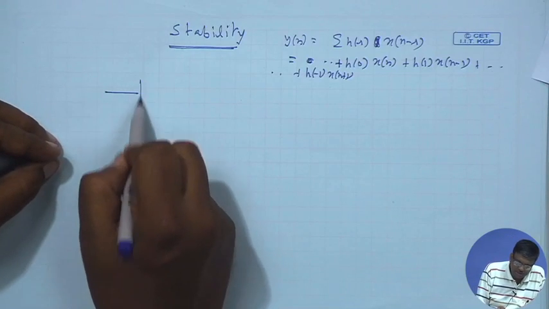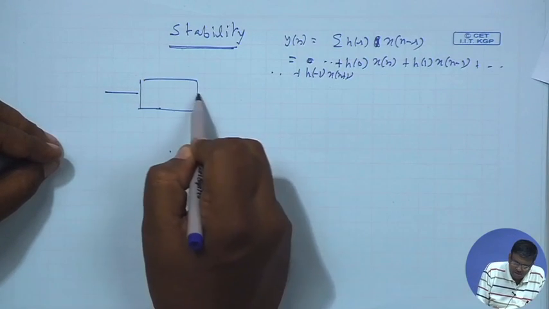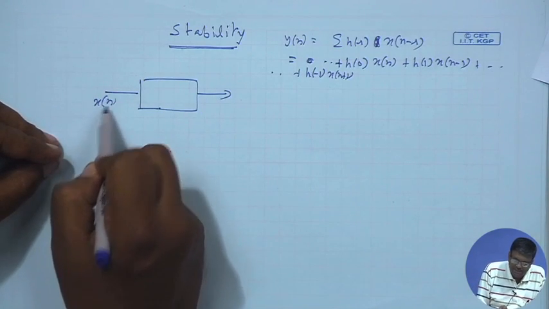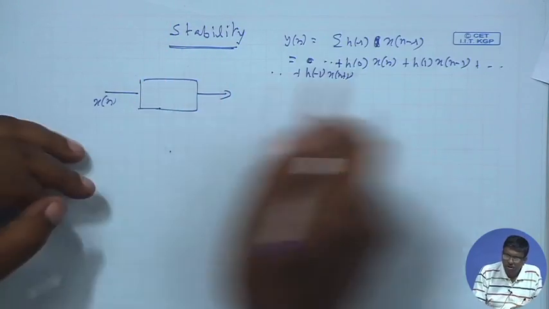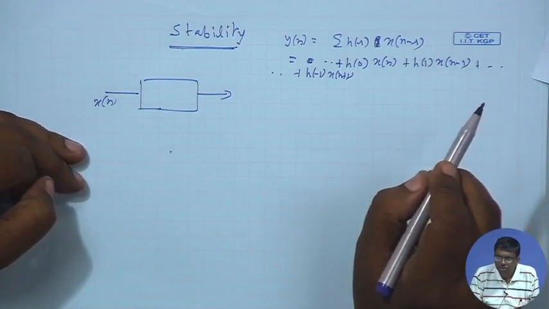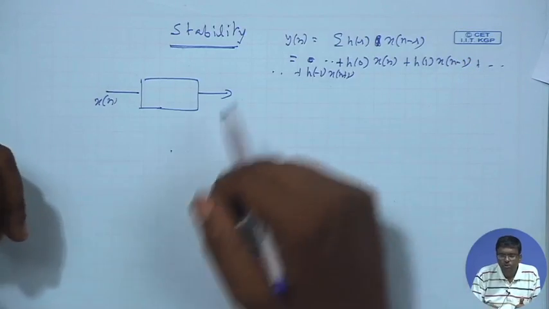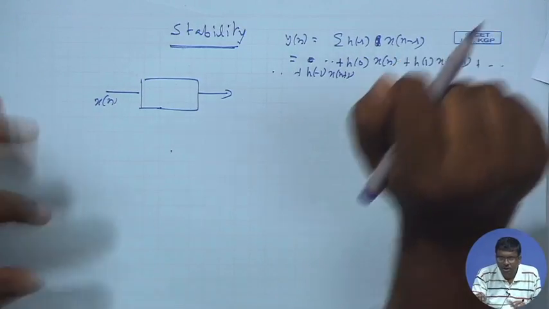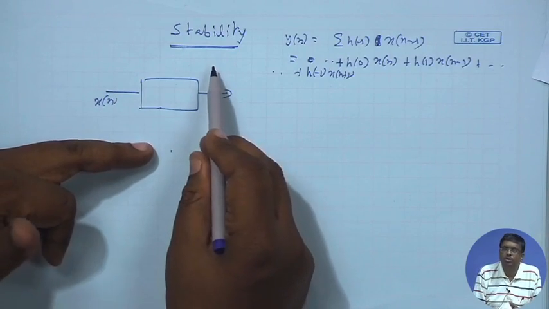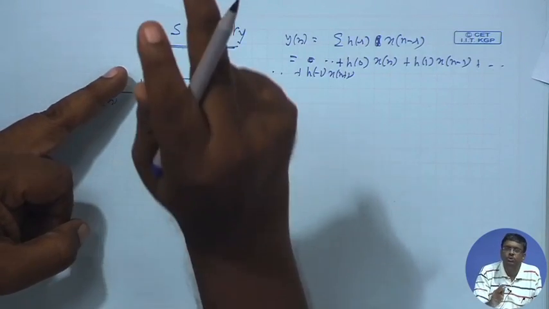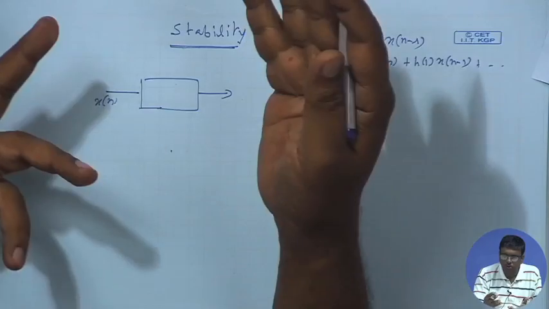So, what happens? There is a danger that even if you give an x[n] as input where every sample is small, finite valued, this is an infinite sum. So, the magnitude of the sum can shoot up to infinity. If that happens, then that output is no good. In fact, it cannot shoot up to infinity. Whatever is the power supply, it will latch on to that. Okay, so it will not be a meaningful response of the system to the input.